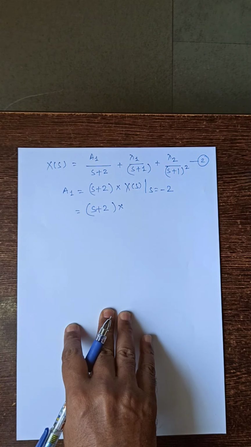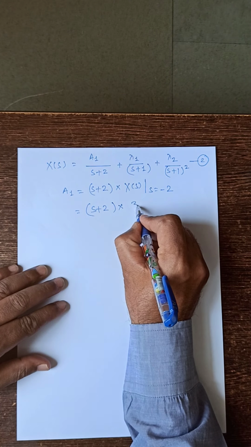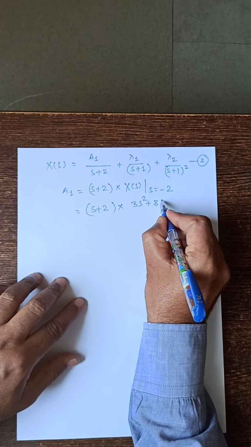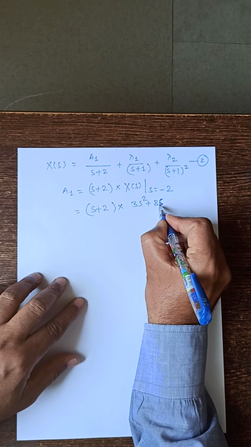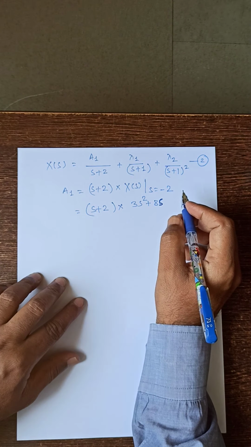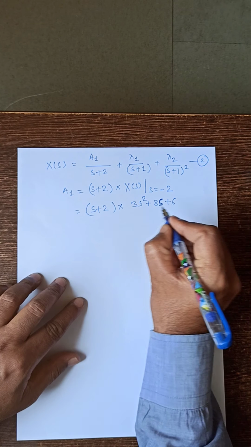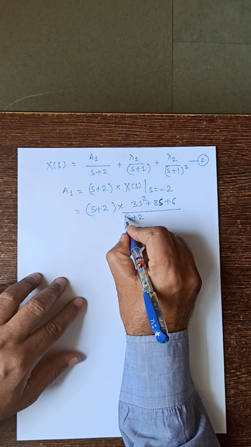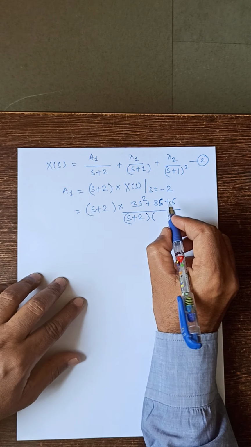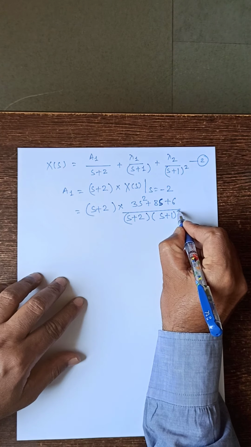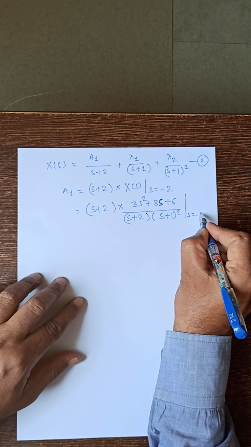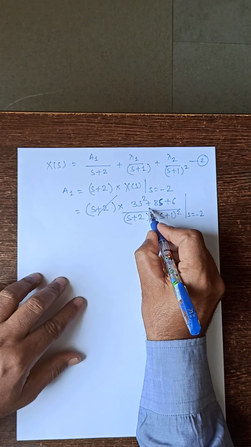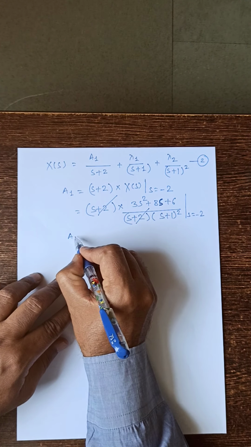Xs is equal to, from the previous equation, (3s square plus 8s plus 6) divided by (s plus 2)(s plus 1) squared, at s equals minus 2. So s plus 2 is going to be cancelled with s plus 2.